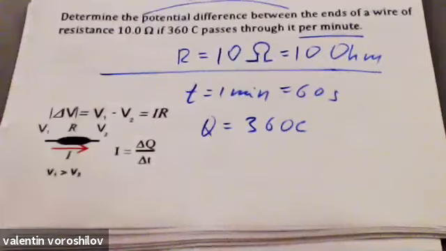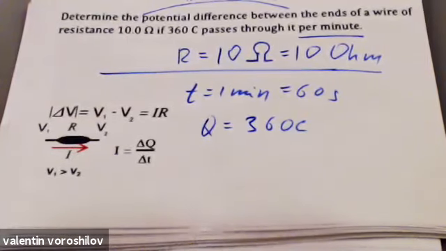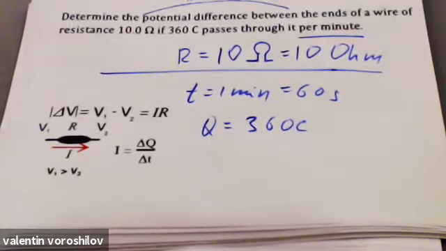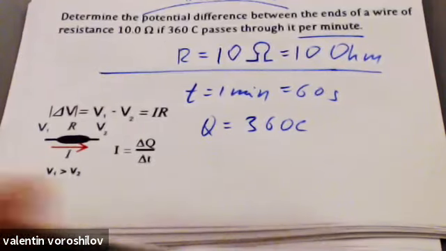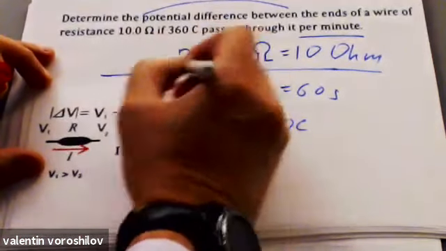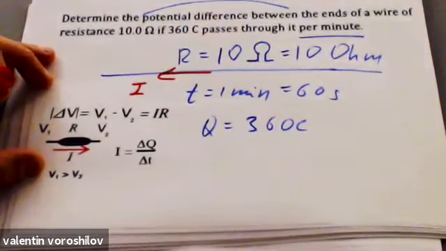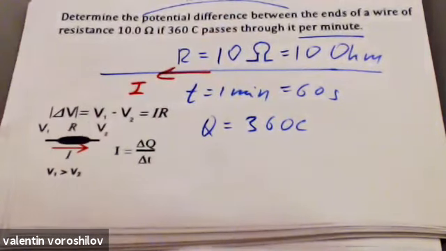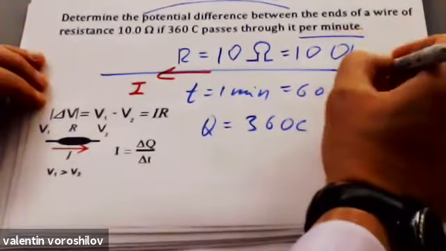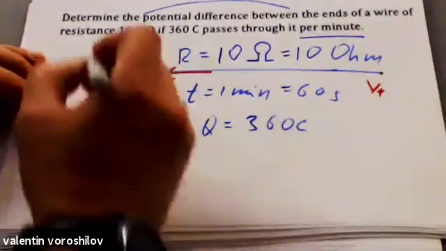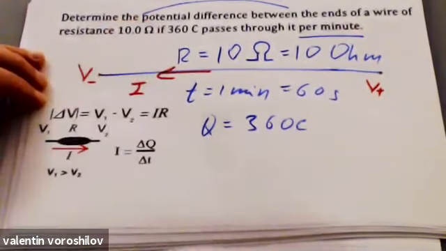All right, done. Well, what I could add: I technically don't know the direction of the current, but I could add it. Let's say it travels to the left. In that case, I can make a statement that this end of this wire should have a potential higher than this end.